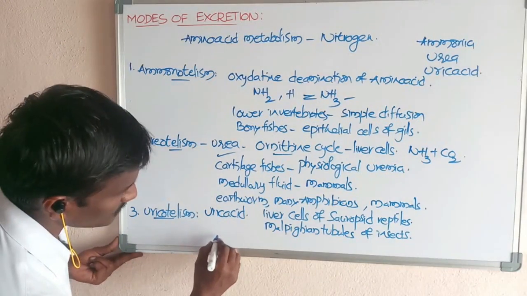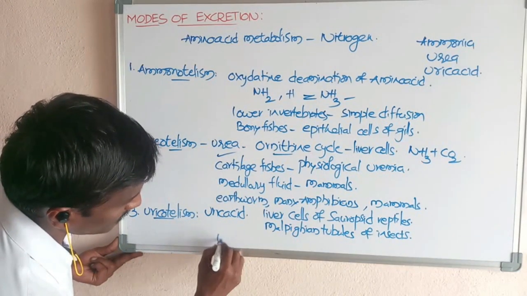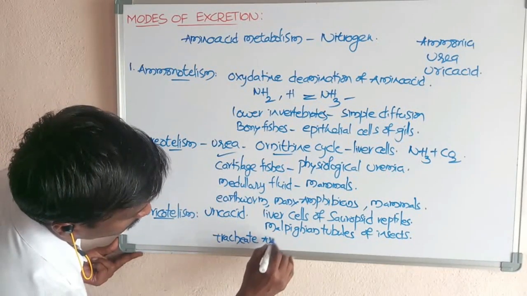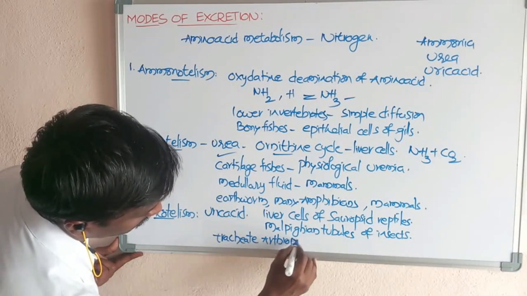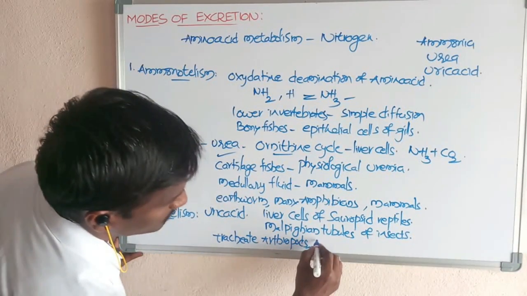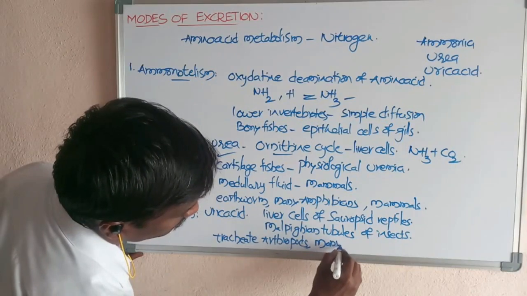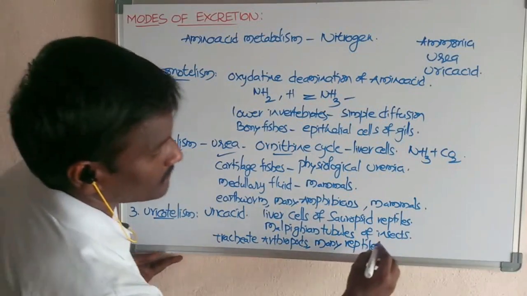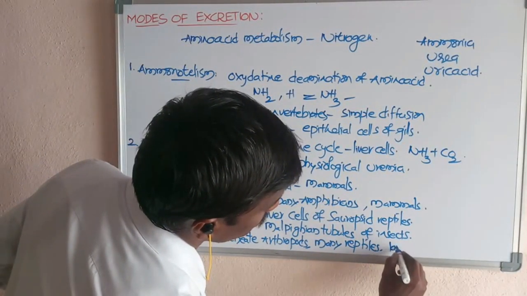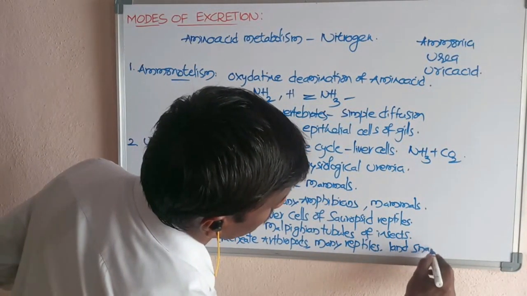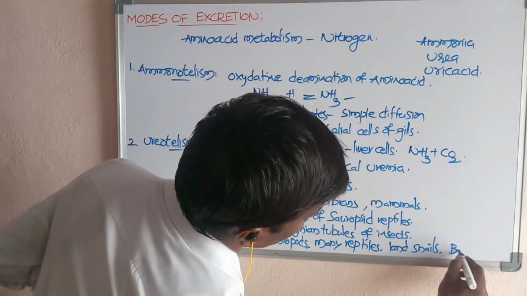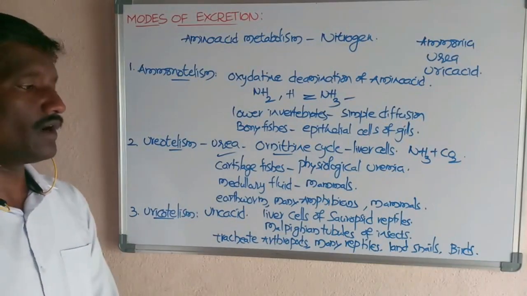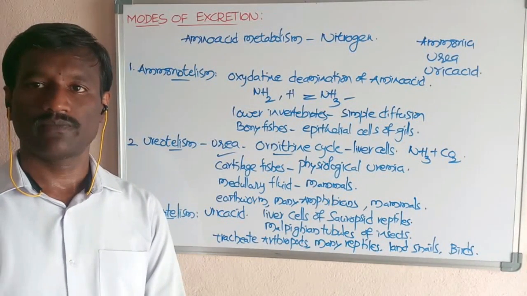For example, sauropsid reptiles, tracheate arthropods, many reptiles, birds, and land snails. These are examples of uricotelic animals. Okay, students.